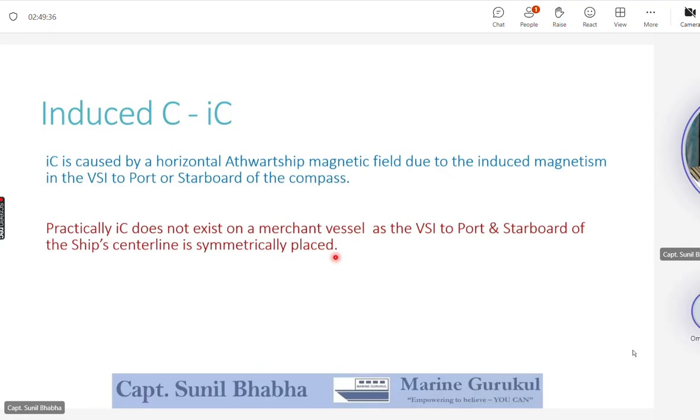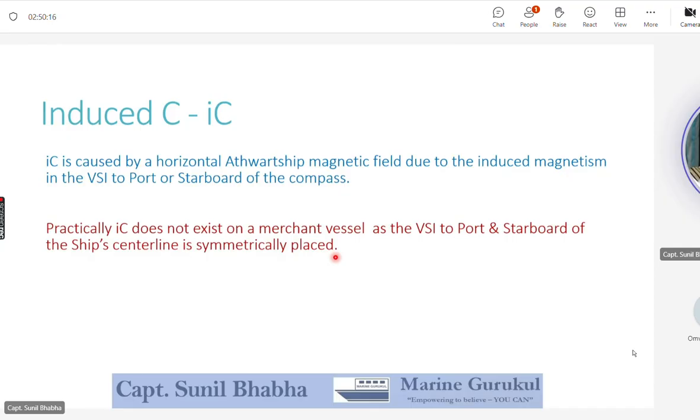Beta, if they are present on both sides, port and starboard, then it will not generate IC, because if structures are on opposite sides, they will cancel each other out. But if your crane or any vertical structure is on one side only, for example somebody may have a crane only on the starboard quarter, one crane, then it will generate IC, induced C. But it also depends upon how much steel is used and how much is the distance between the compass and that structure.